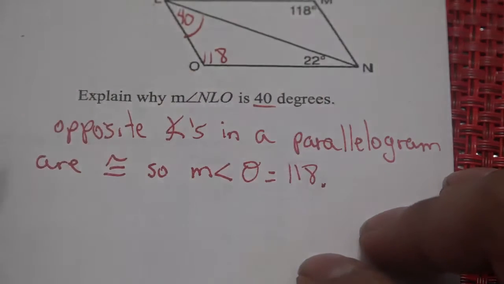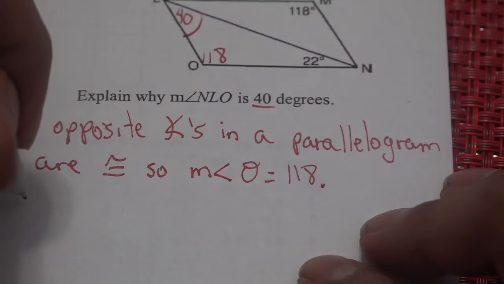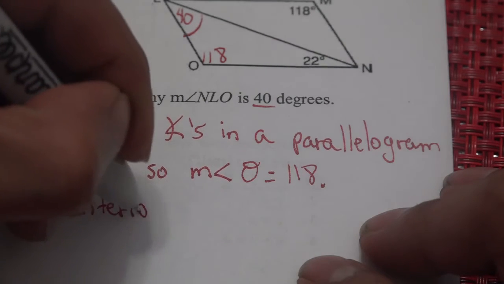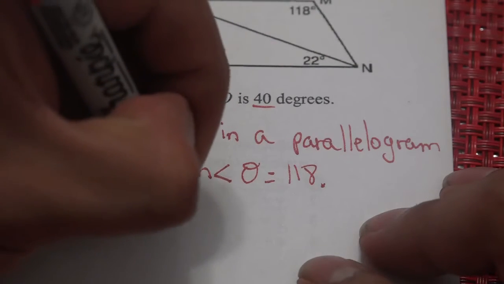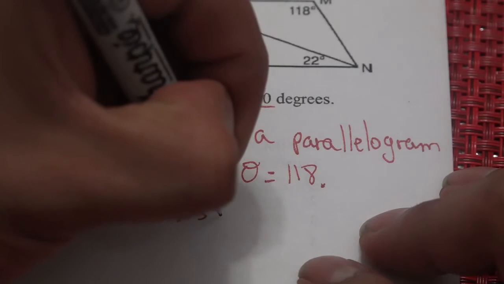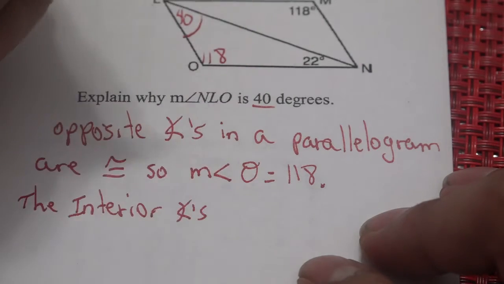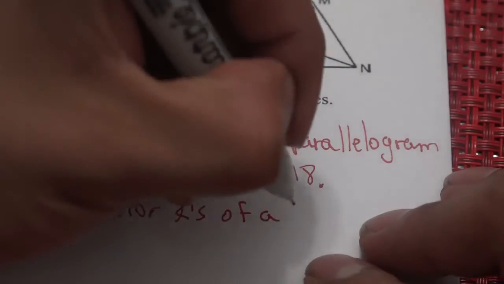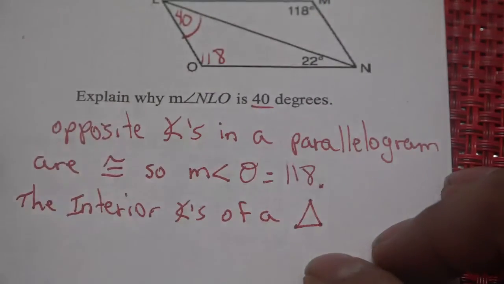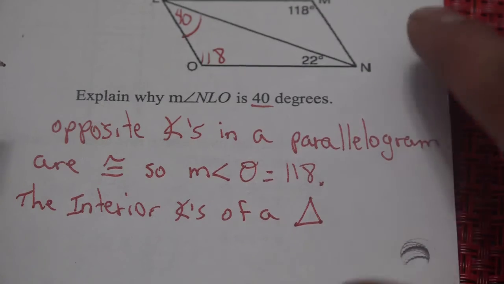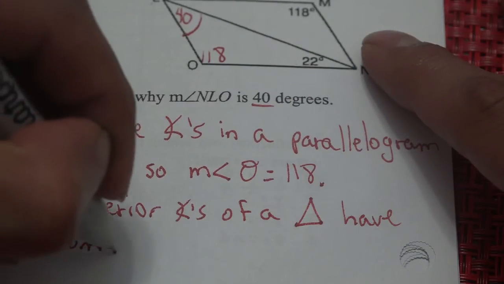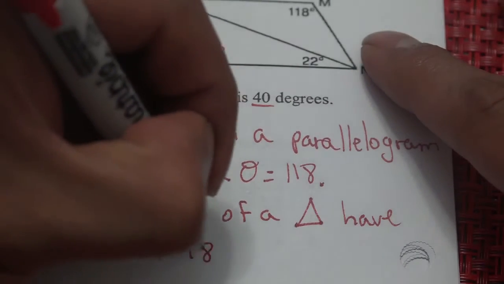Okay, and then I said the interior angles of a triangle have a sum of 180 degrees.